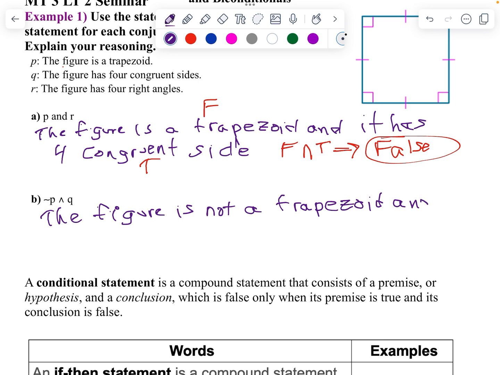And Q would be the figure has four congruent sides. Oh, I put Q in there instead of R in the last one, didn't I? I better go back and fix that.